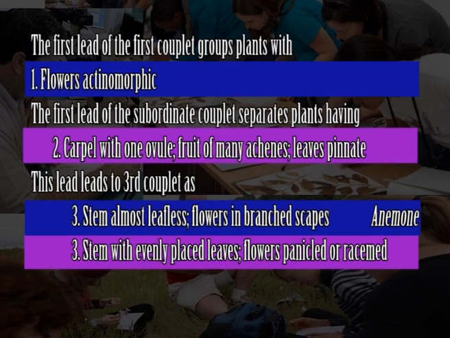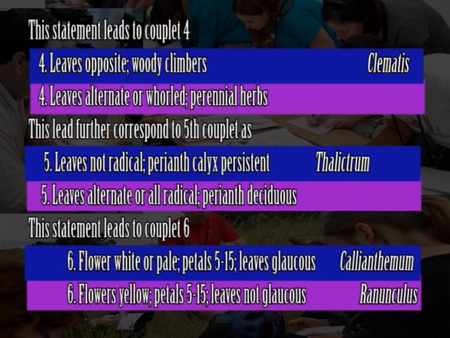This lead leads to couplet 3: stem almost leafless, flowers in branched scapes, which refers to Anemone, and its second lead is stems with evenly placed leaves, flowers panicled or racemed. This statement leads to couplet 4, which has leads as leaves opposite, woody climbers, which are the characters of Clematis, and the second lead is leaves alternate or whorled, perennial herbs.